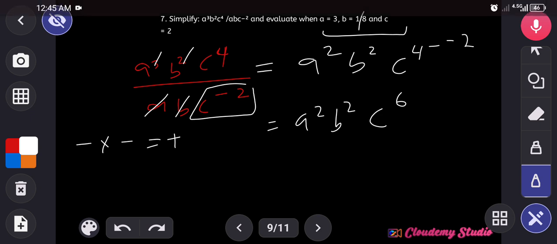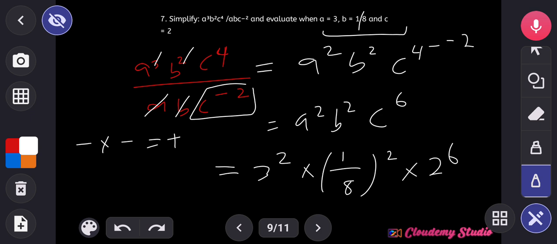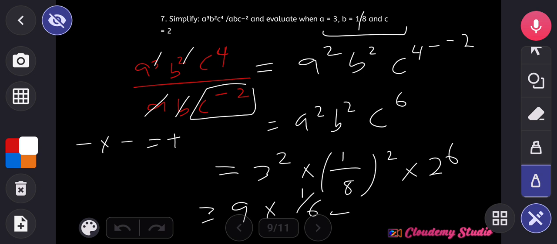Remember, this is 1 divided by 8. Therefore, that is equals to 3 squared multiplied by 1 over 8, everything squared, multiplied by 2 raised to power 6, right? 3 raised to power 2 equals to what? 3 raised to power 2 equals to 9, multiplied by 1 over 64, because 8 raised to power 2 equals to 64, multiplied by 2 raised to power 6.